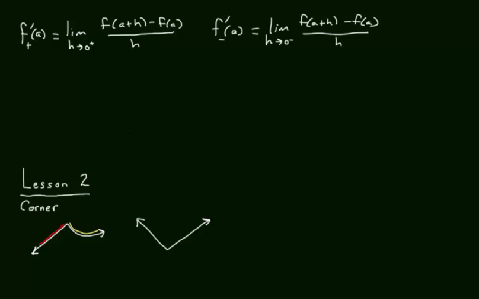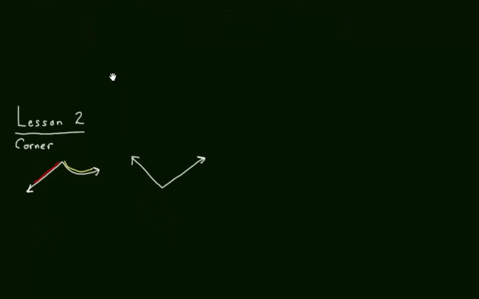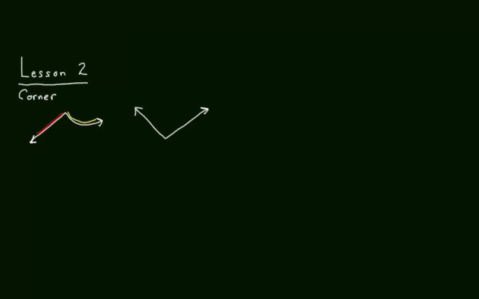So coming back down here to the corner, we can say it's a corner if the following occurs. We have f prime of a from the right, and also f prime of a from the left, both exist.